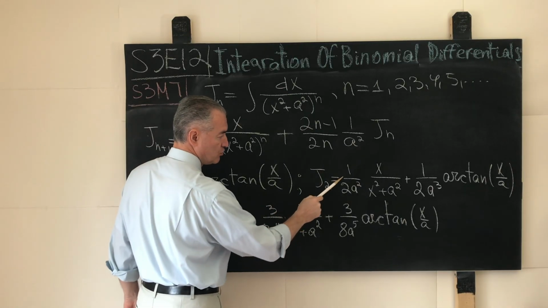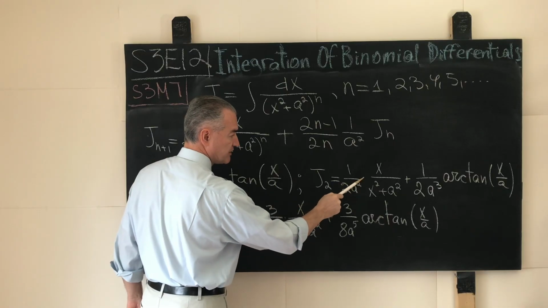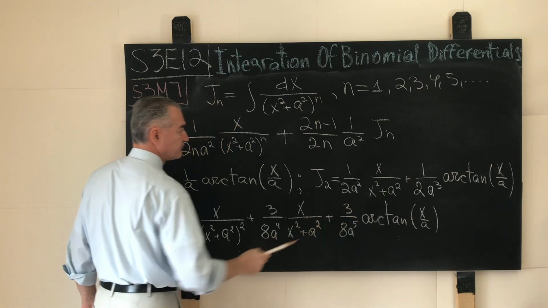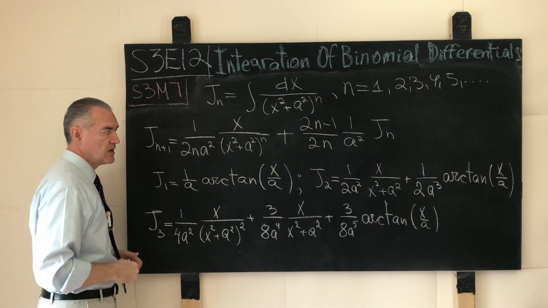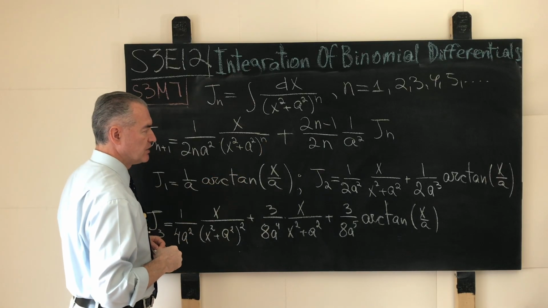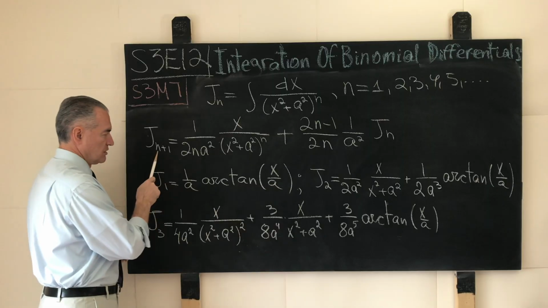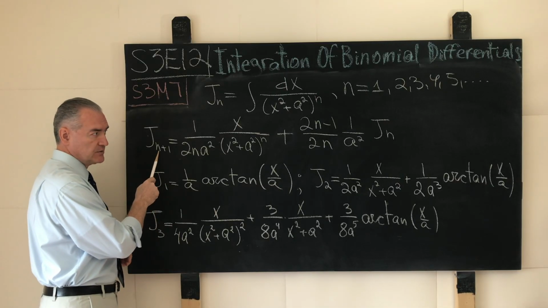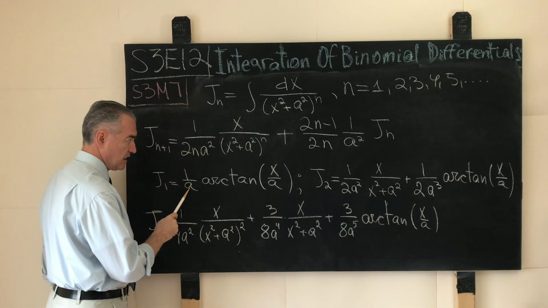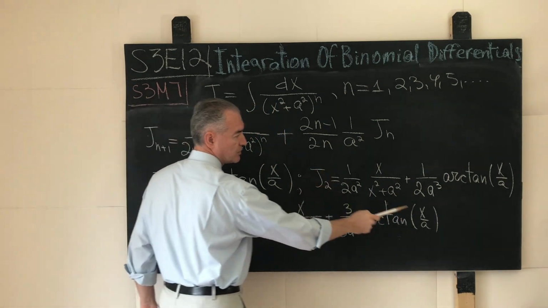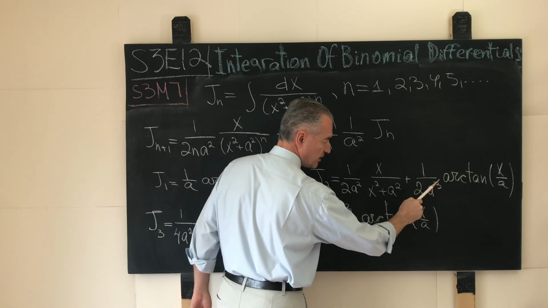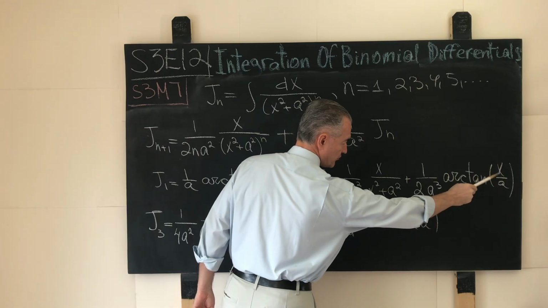The integral J_2 will be 1 over 2a squared times x over x squared plus a squared, because the power n will be 1, plus 1 over 2. We grab the a from here, square from here, we get a cubed. So here there will be a show of odd powers times arctangent of x over a.